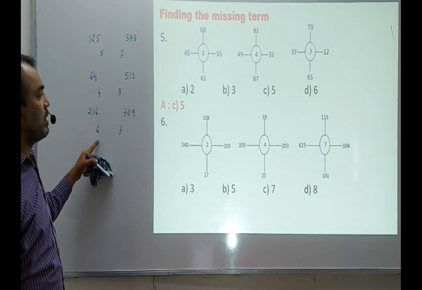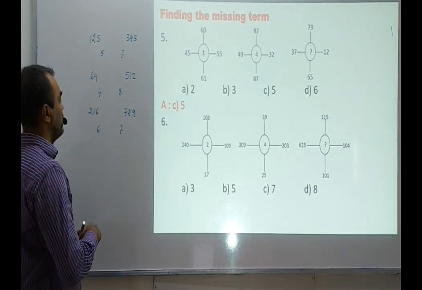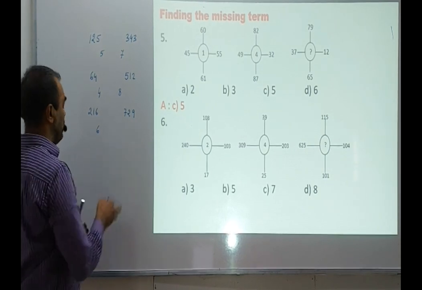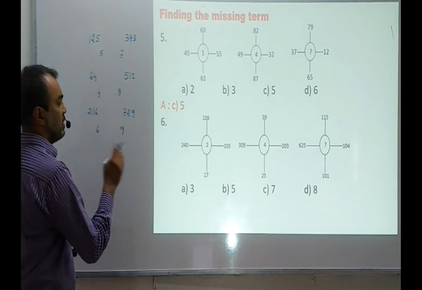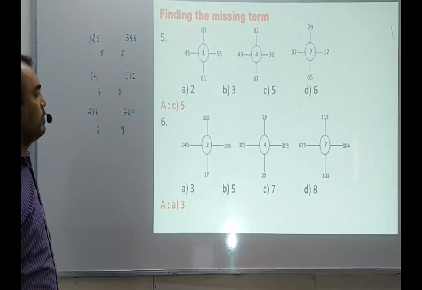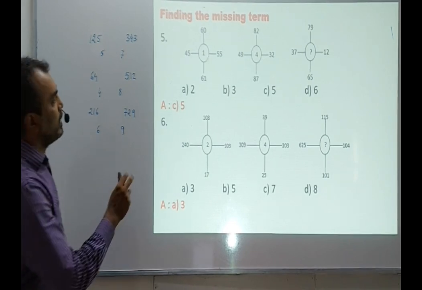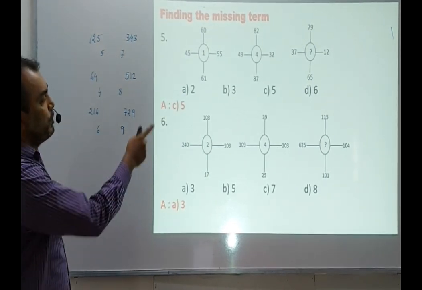So we have got a mistake, I guess. So 729 is not a 7, 343 is 7. This is 9, sorry, my mistake. So 9 minus 6 gives us what? The answer is A, 3. So again I am telling you, see this pattern of circles and the numbers. Pair up the numbers.